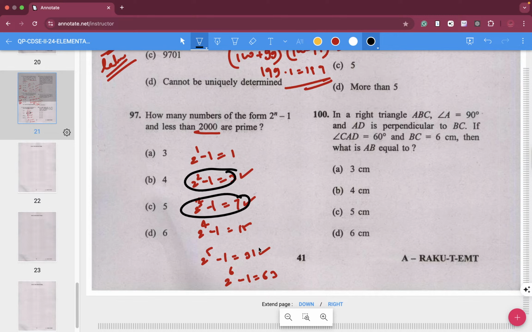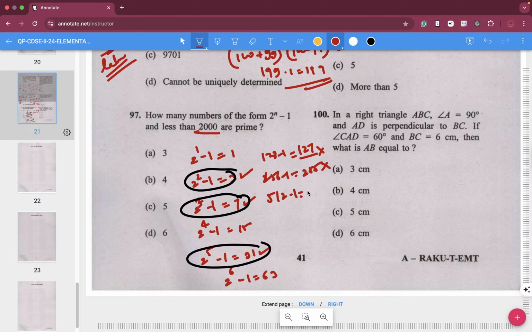Now the next is 128 minus 1, which is also not a prime number, divisible by 3. And then 256 minus 1 is 255, again not a prime number. 512 minus 1, 511, we'll check for it, hold on. 1024 minus 1 is equal to 1023, again not a prime number, divisible by 3.